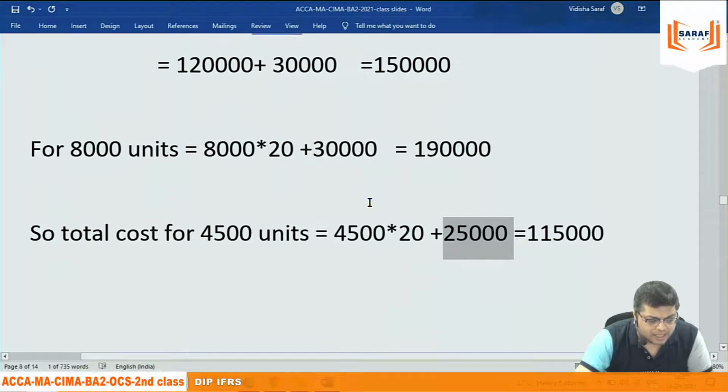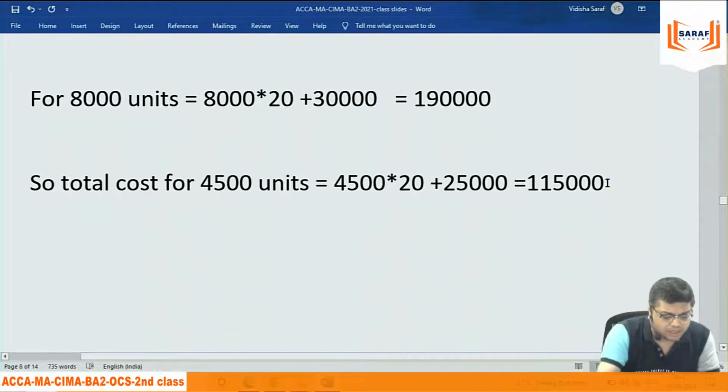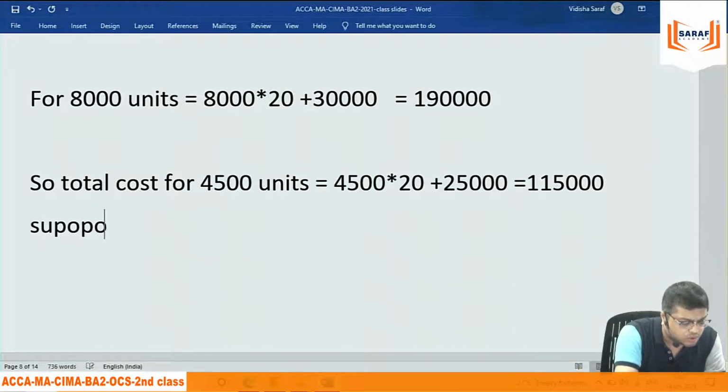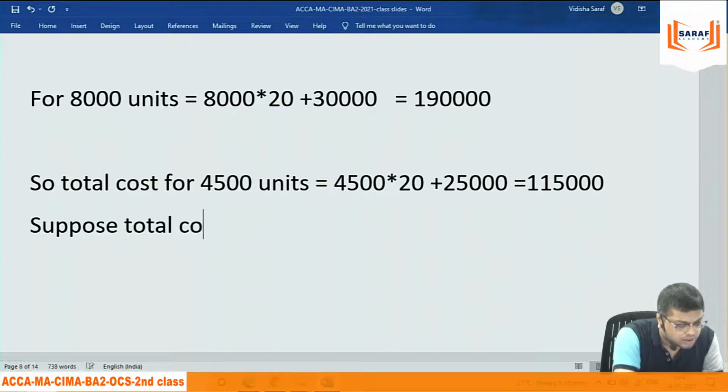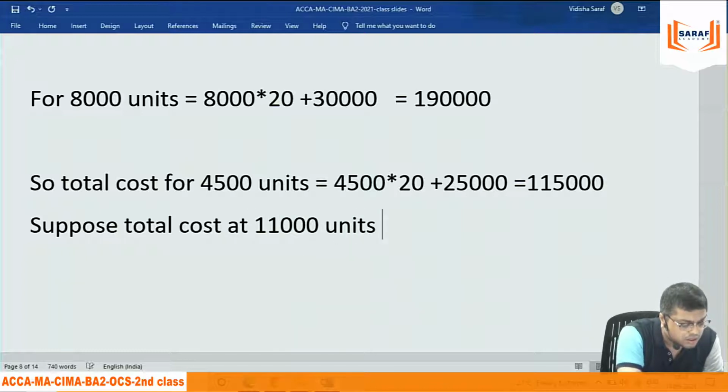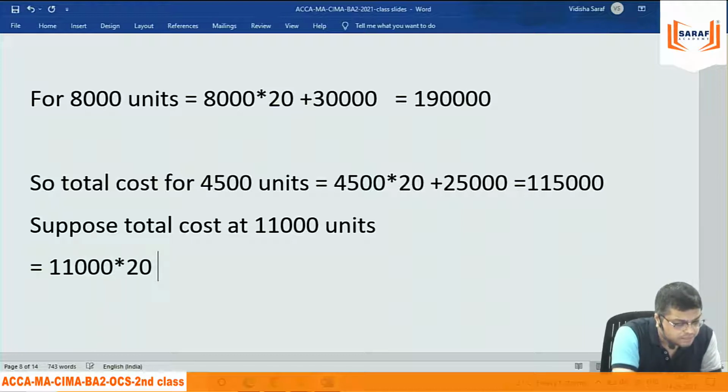Suppose we ask for the total cost at 11,000 units. For 11,000 it is 11,000 into 20 plus now it is 30,000 into 120%.